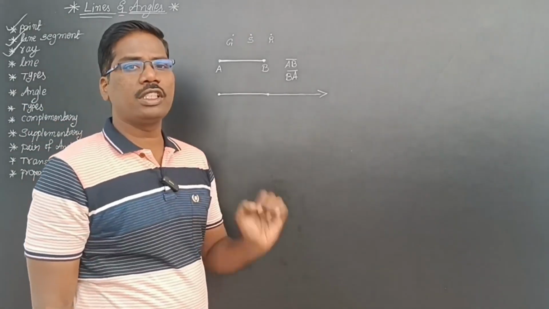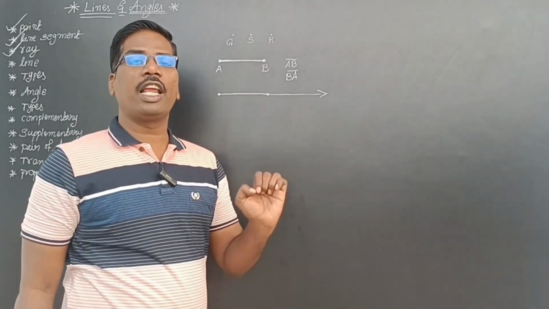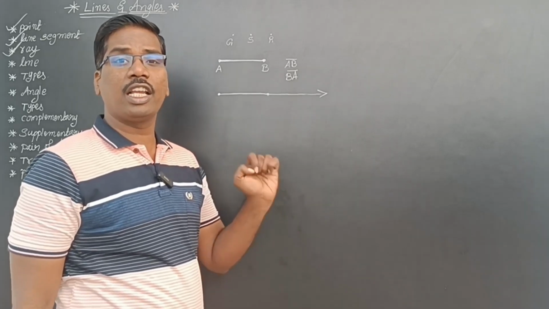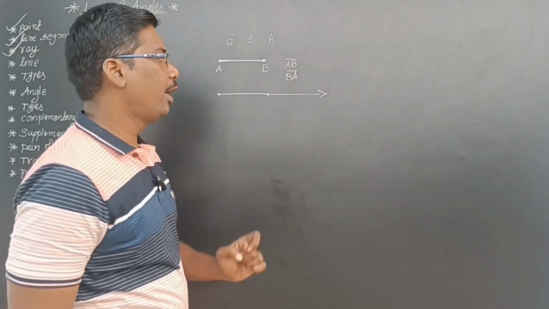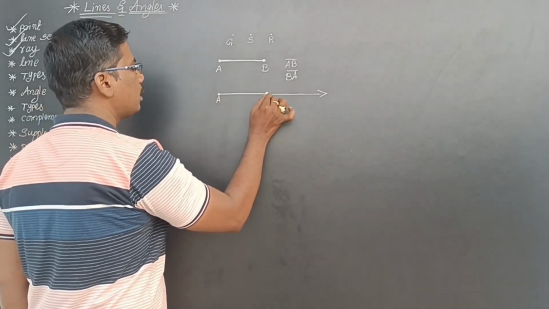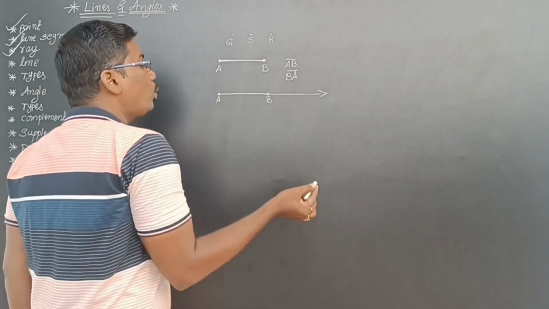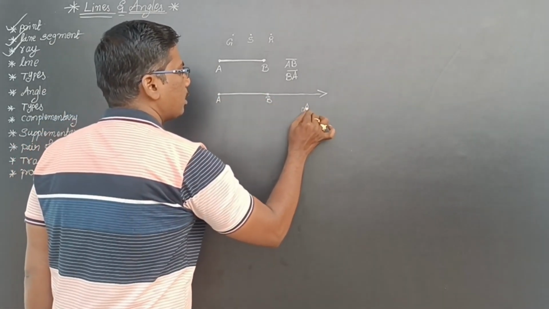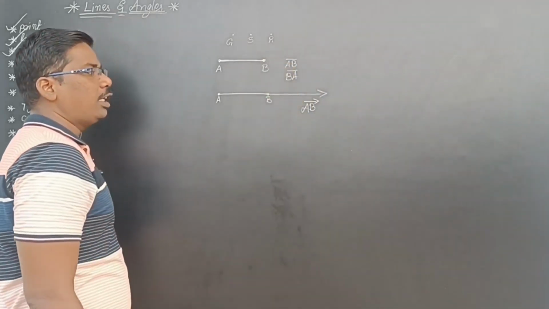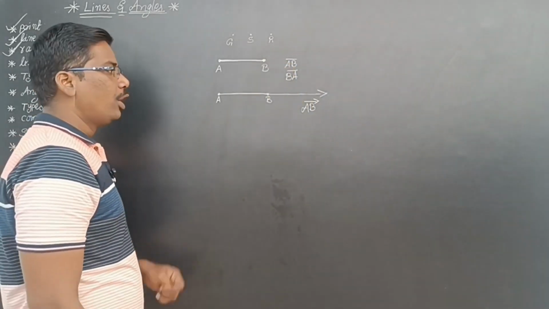A line segment which is extending in one direction infinitely is called a ray. For example, this is A, this is B. How to represent a ray? That is AB ray, and this is the symbol of AB ray.